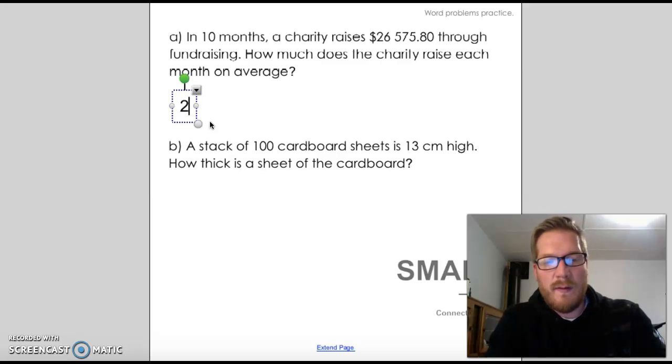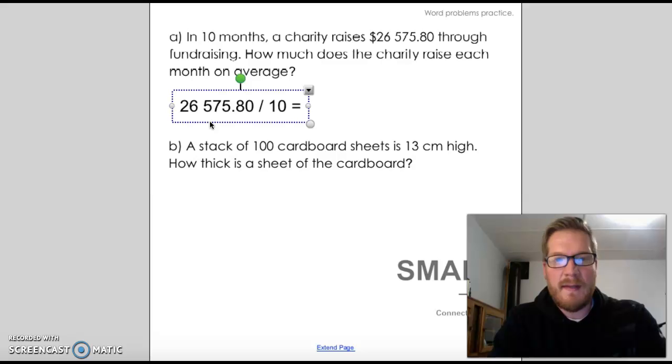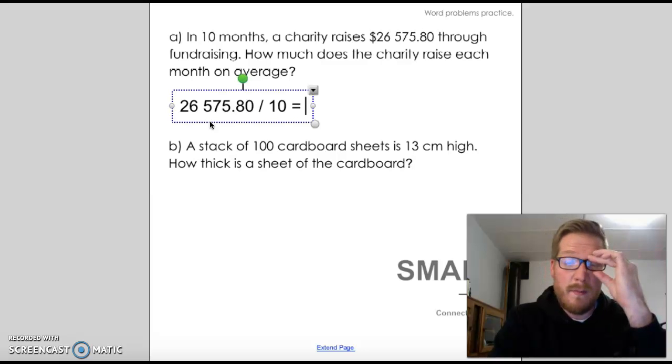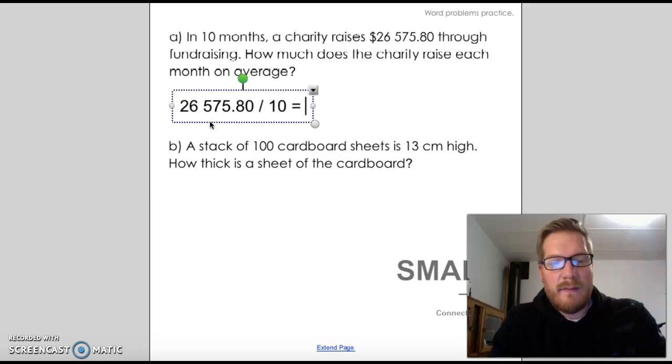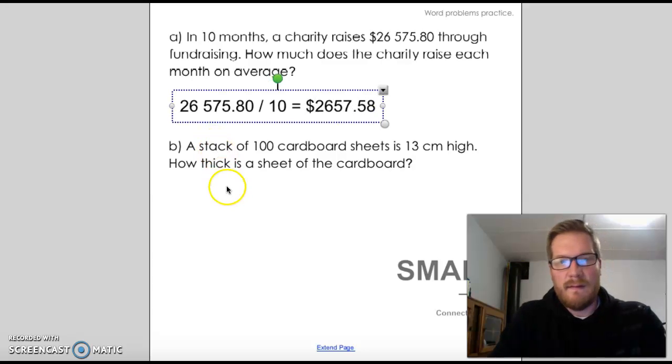But we're going to do 26,575.8 divided by 10, because it's 10 months. And so that means it's going to go one place to the left. So that's going to give us $2,657.58. That will be our final answer, and of course that's in dollars.